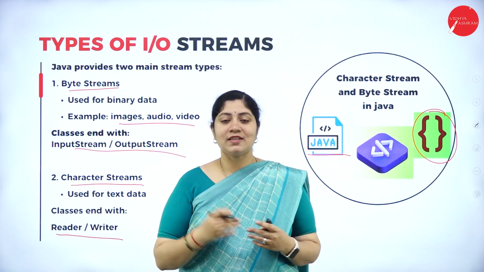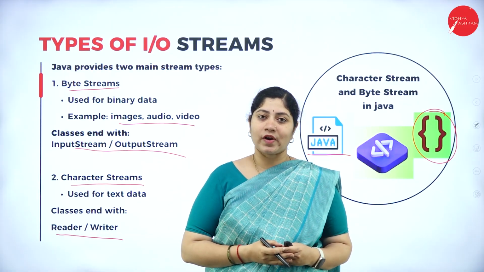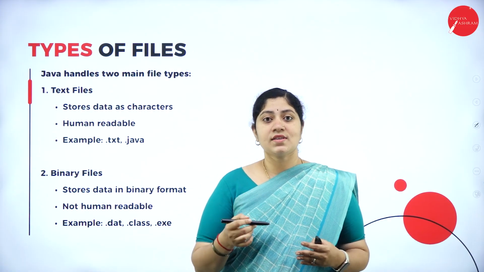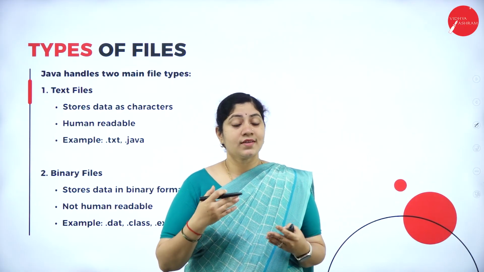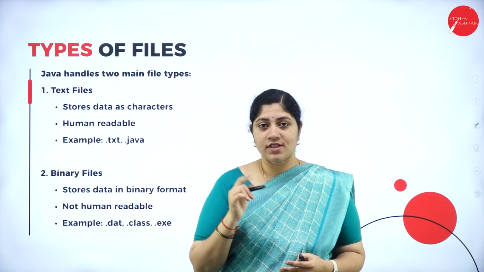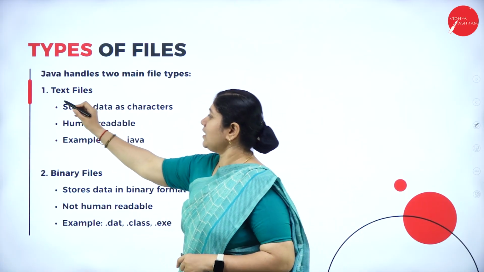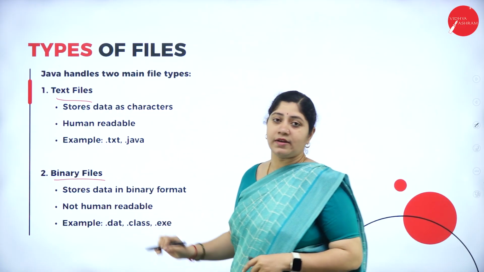All right, so this is all about the types of streams available in Java programming. Now, let's understand the types of files supported with Java programming. The first one is none other than a simple text file, and the second one is binary files.